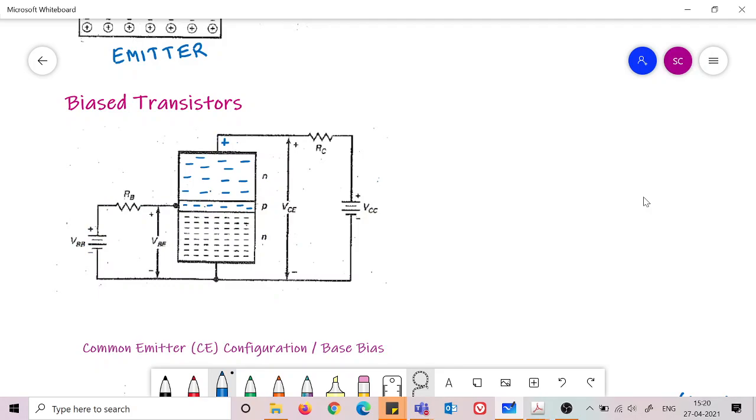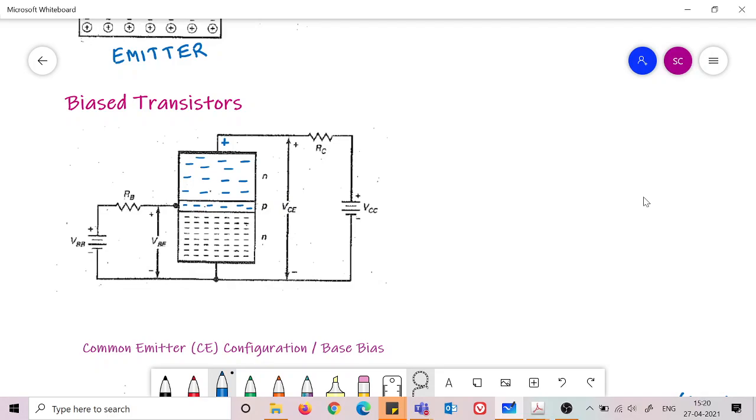And when this circuit is not complete, then there would be no current in this particular branch. So only this particular branch will have current, this particular branch will have no current. But since we are trying to use the device in a practical circuit, of course we need a current through and through this device.